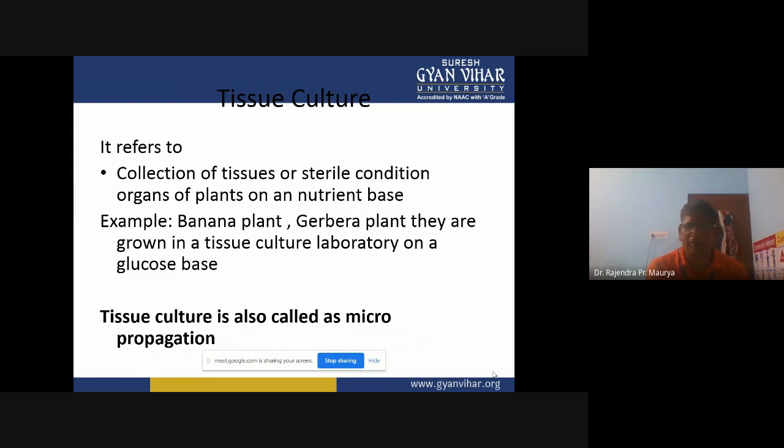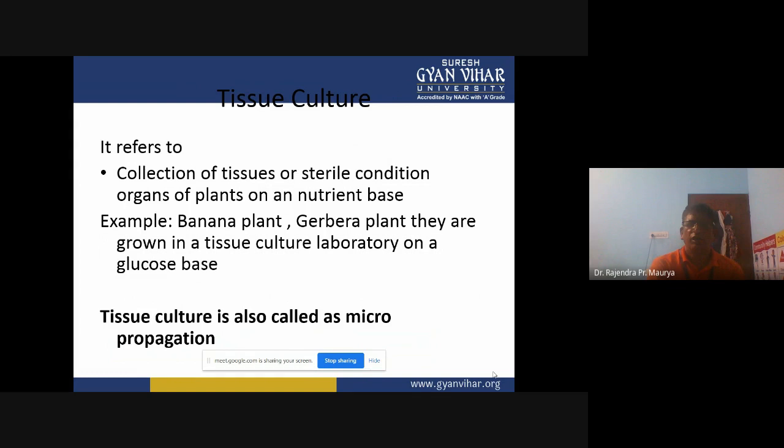In this one also, we can see two types of studies we can do in plant tissue culture: direct shoot regeneration, or indirect. In direct shoot regeneration, we will take explants. An explant is an excised plant part which is used to initiate the culture.